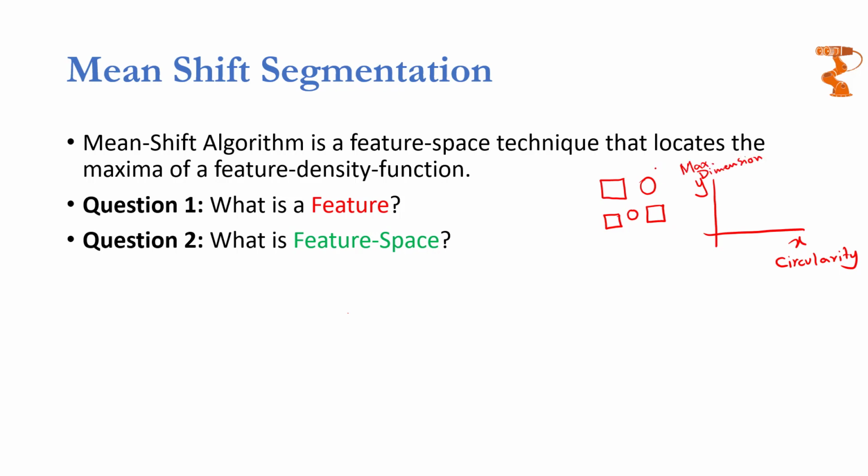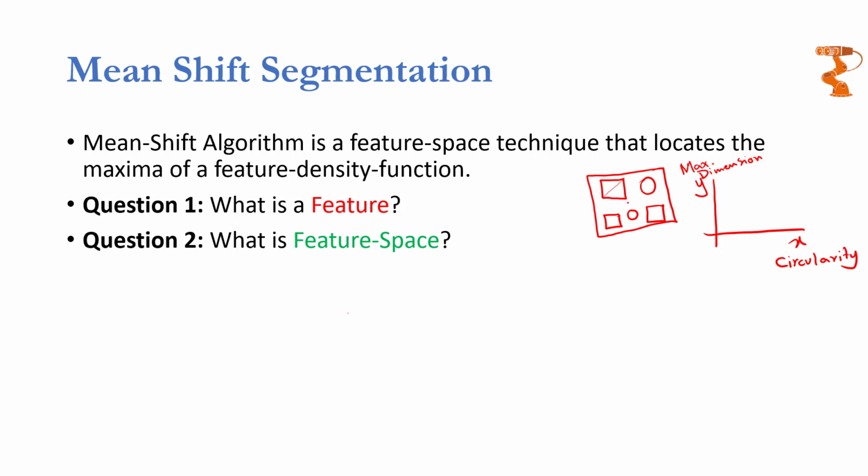So if we want to classify these five objects using a feature space, how can we do it? We will go to this first object, we will measure its maximum dimension, and we will also measure its circularity. Maximum dimension would be the diagonal in case of squares, and circularity has a specific formula which is out of scope of this lecture, so I'm going to skip it.